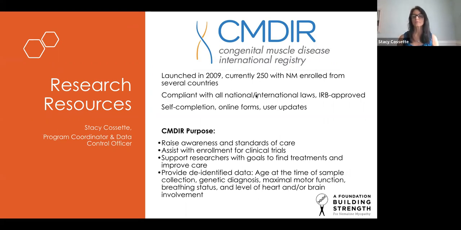This is a self-completion format using online forms and requires you, the user, to provide updates as needed. The purpose of the CMDIR is to raise awareness and standards of care, assist with enrollment for clinical trials, support our researchers with goals to find treatments and improve care. And it also can provide de-identified data to our scientists.